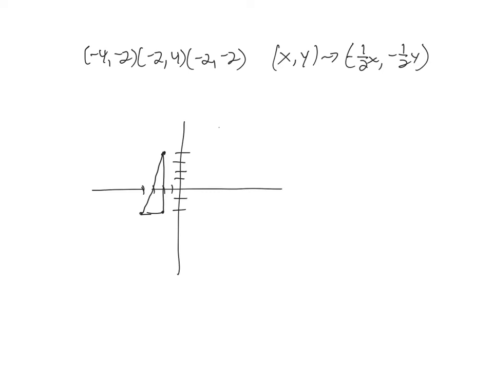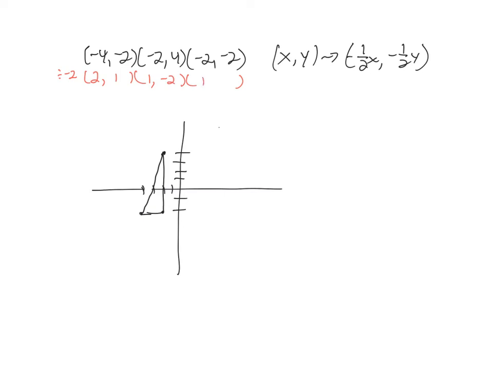Okay, so we're going to divide by -2 on all of these. -4 divided by -2, +2. -2 divided by -2, +1. 4 divided by -2, -2.